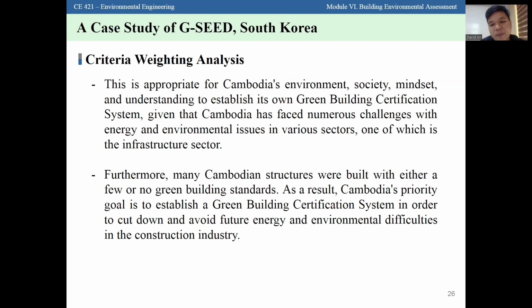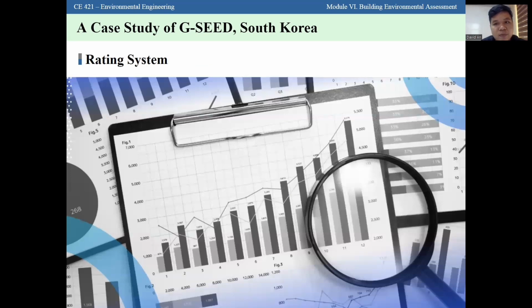Also, many Cambodian structures were built with few or no green building features, which is also a concern for our royal government. To establish a green building certification, we need to cut down and avoid future energy and environmental difficulty in the construction industry. Now let's move to the rating system, which will present the rest of the criteria.